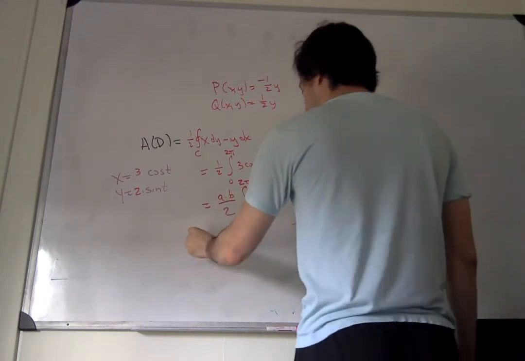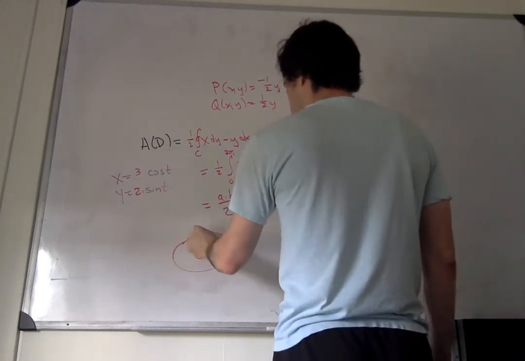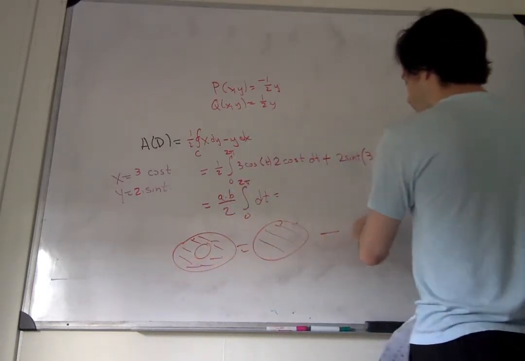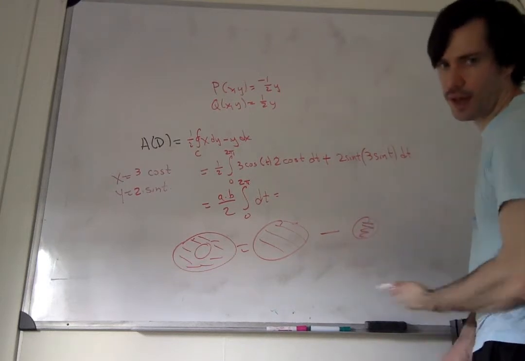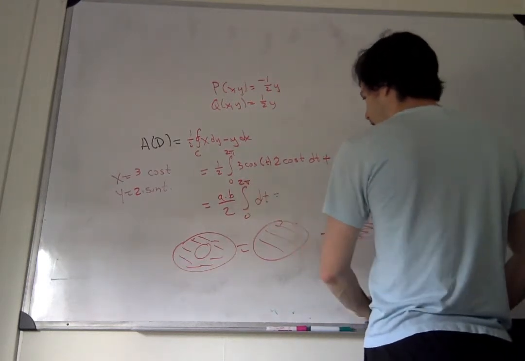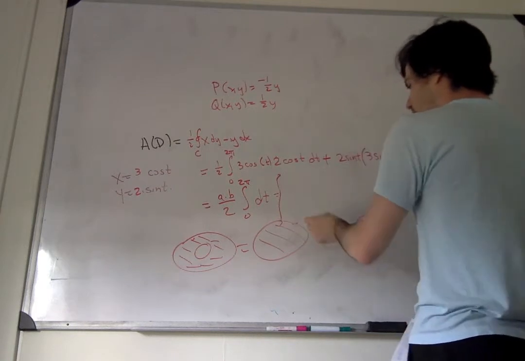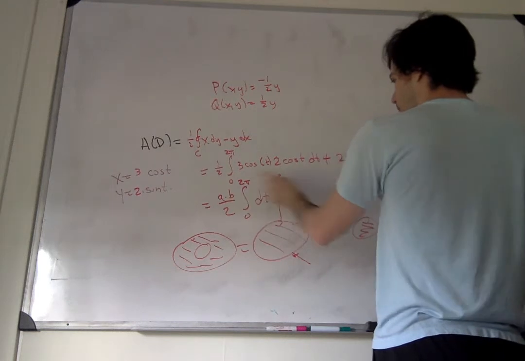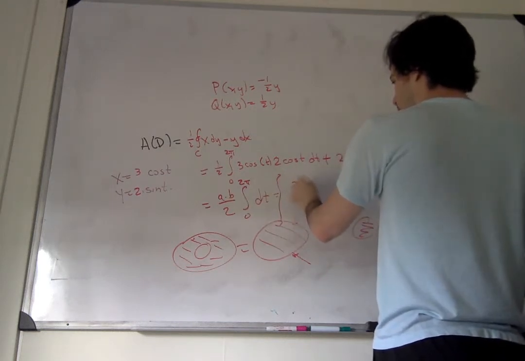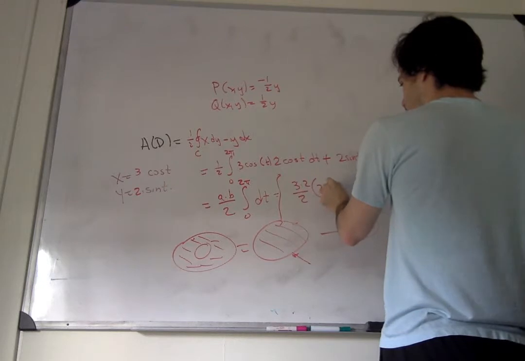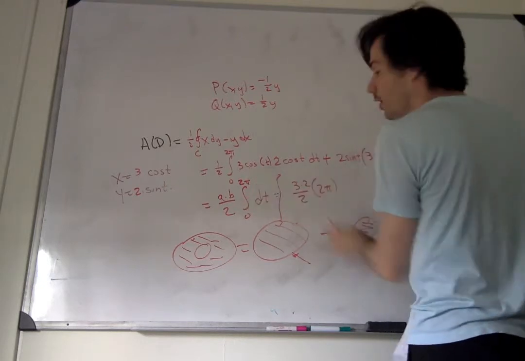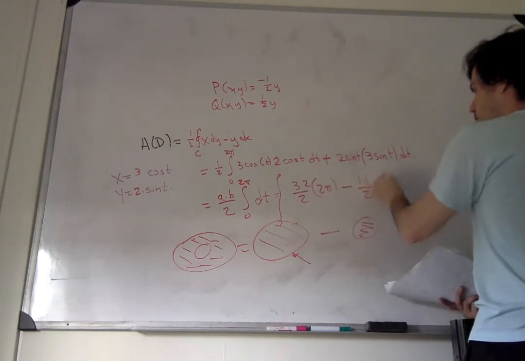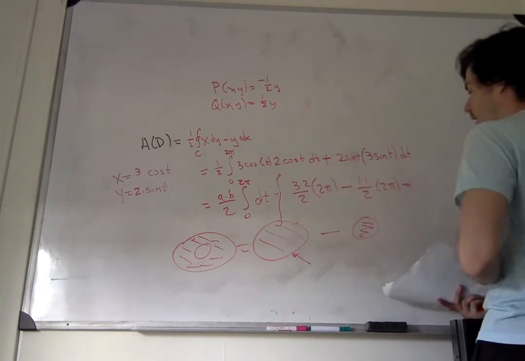So we want to compute this. This is going to be the entire ellipse minus the inner ellipse, right? Okay, so it's obvious, isn't it, that what we want is this ellipse, which is 3 times 2 over 2 times 2 pi, from this integral right here, minus 1 and 1, so 1 times 1 over 2 times 2 pi.